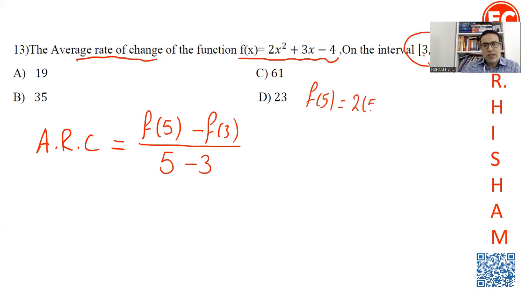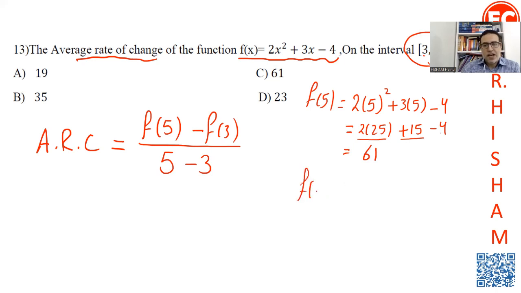So 2 times 5 squared plus 3 times 5 minus 4. 2 times 25 plus 15 minus 4. 2 by 25 is 50. 50 plus 15 is 65, minus 4 is 61.